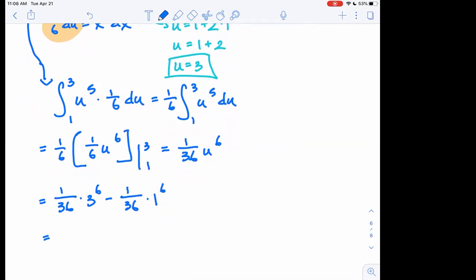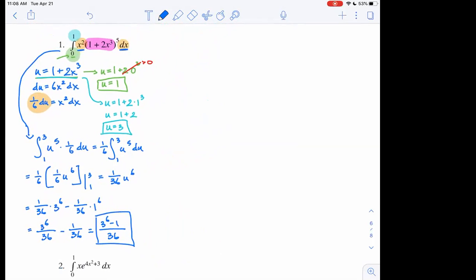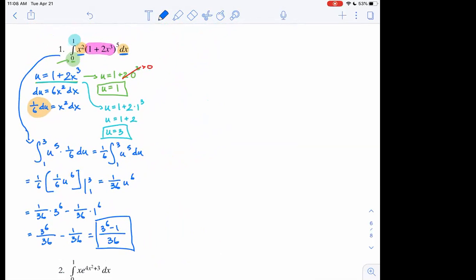And so that's going to give me, let's see, 3 to the 6th over 36 minus 1/36. And so I can leave this as 3 to the 6th minus 1/36. Okay. So that is method 1.